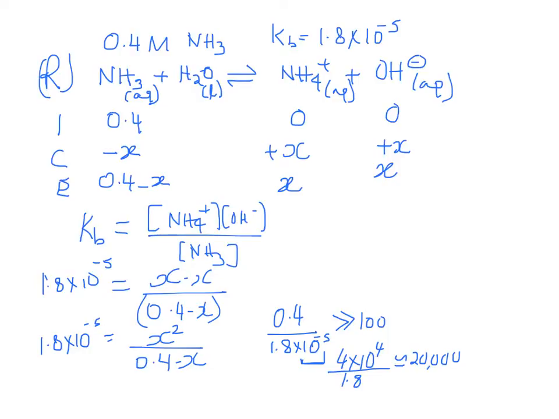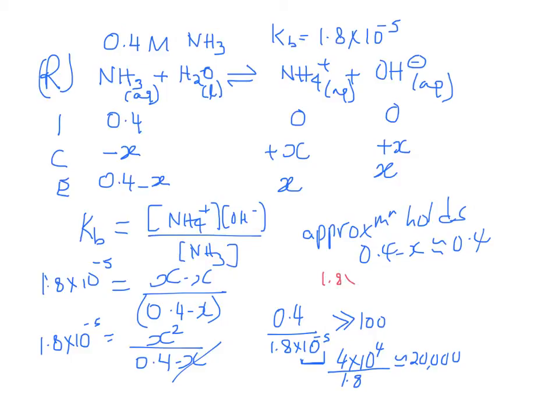And so you can say that the approximation holds true, which means that 0.4 minus x is approximately equal to 0.4. So you can neglect the x in the equation, and you can set up the rest of it as 1.8 times 10 to the negative 5 is equal to x squared divided by 0.4.